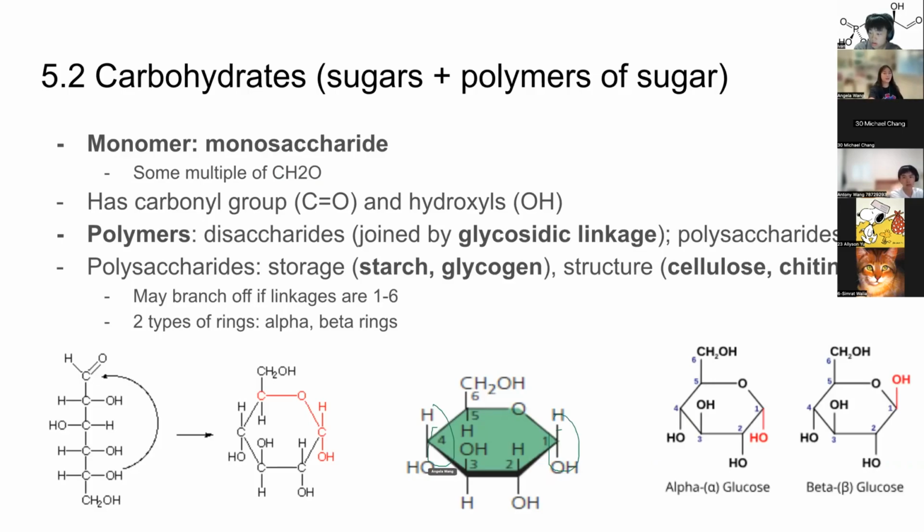That creates a longer, singular line chain of monosaccharides. And then a 1,6 linkage links this 1 carbon to the 6 carbon, which creates branches.